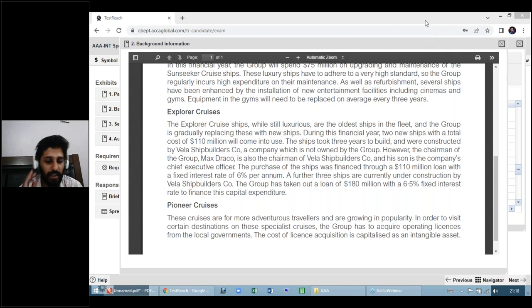Can anyone tell me which accounting standard is being applied here?